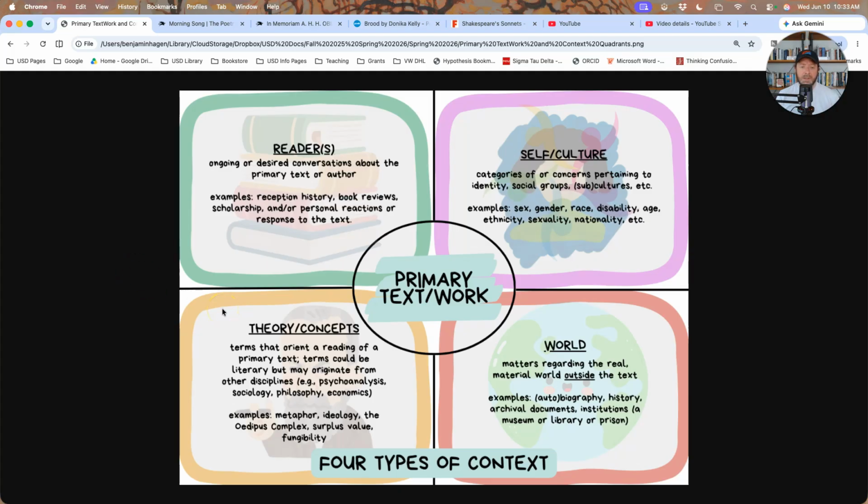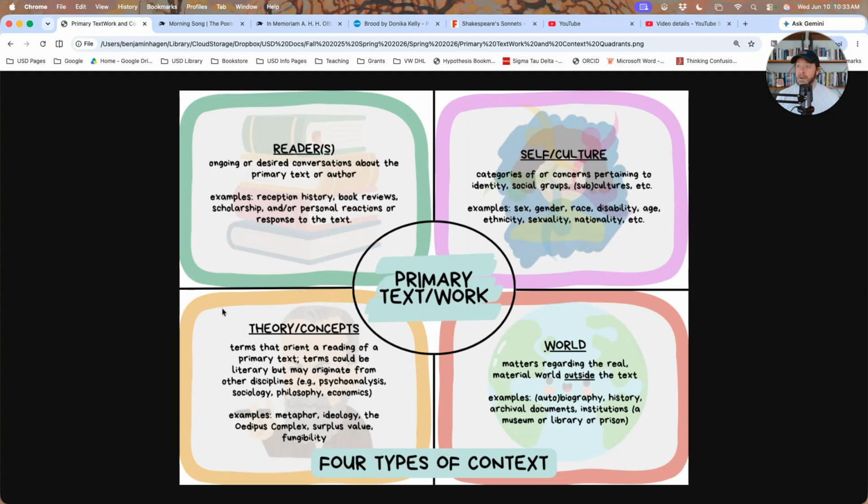But the terms that literary studies as a discipline is interested in originate in literary studies, but they also are drawn from or originate in other disciplines, particularly disciplines like psychoanalysis, sociology, philosophy, economics.